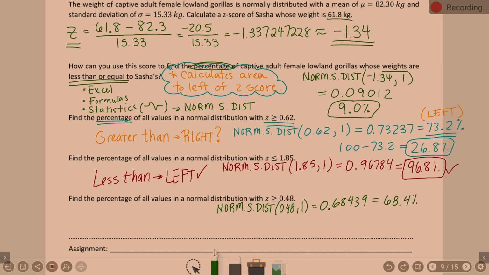Why am I doing 100 minus that? Okay, this example is asking me for greater than. When it's asking me for greater than, I want to know the area to the right. And in order to get the area to the right, we're always going to do 100 minus the other number. So 100 minus the left. So 100 minus 68.4 puts me at, is it 31.6?